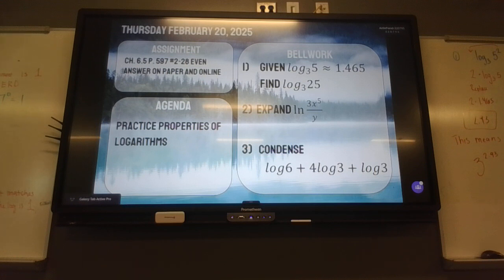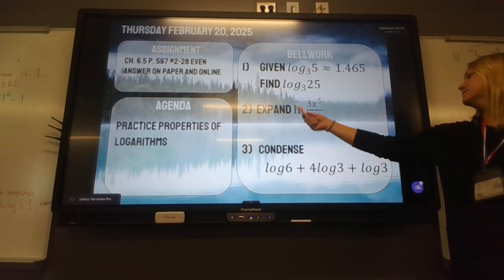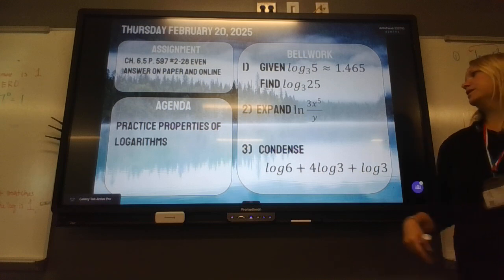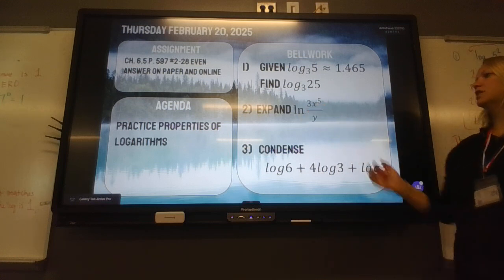Anyway, when you have to expand, recall that you should write the log more than once. So when I go to expand, the first thing I know is that the quotient property of exponents says when you have a power with the same base top and bottom, you subtract those exponents. Well, this is a quotient. We're going to utilize the quotient property, and we're going to subtract natural logs here.